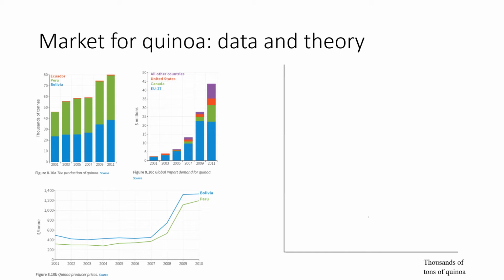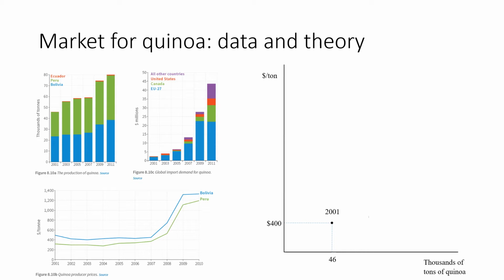What does this mean for the supply and demand model? Well, if we put thousands of tons of quinoa, the quantity of quinoa, on the horizontal axis, and the price per ton on the vertical axis, we can use this data to figure out how the curves would have to be lined up to fit the data that we have. One piece of data that we actually know is that back in 2001, there were about 46,000 tons of quinoa produced, and it was selling for $400 per ton.